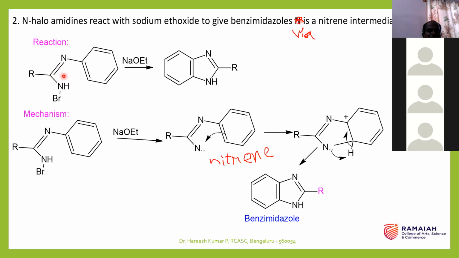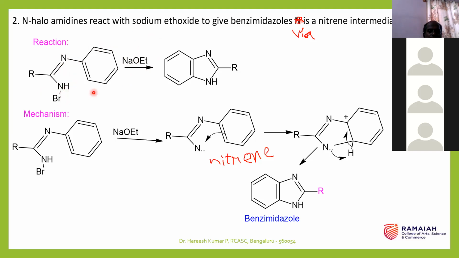So N-haloamidines on reaction with sodium methoxide. How do you get sodium methoxide? Just dissolve sodium metal in ethanol and you will get sodium ethoxide. What is its role? Its role is to capture this Br, leaving behind the bonded pair there.